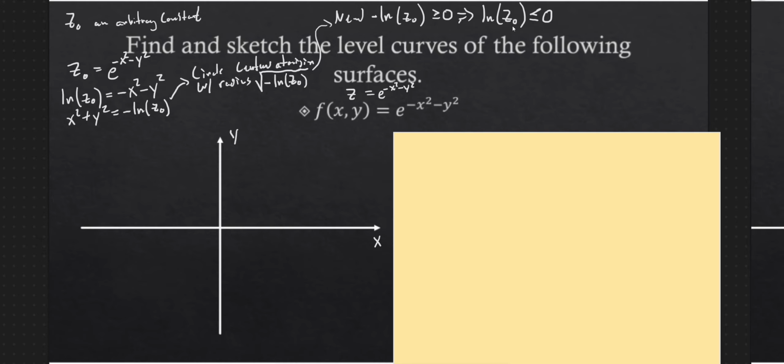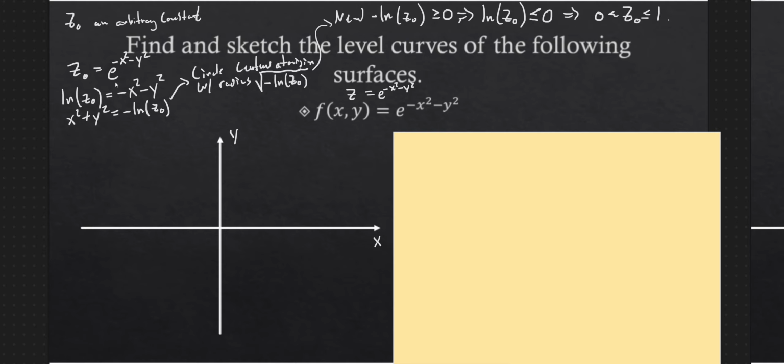I need the input to be between 0 and 1. Remember, natural log of 1 is 0, and if I'm between 0 and 1, then natural log spits out negative numbers. So z naught should be between 0 and 1.